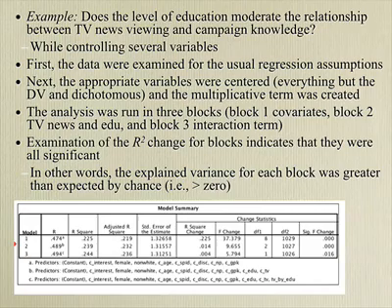So here's the motivating example. Does the level of education moderate the relationship between TV news viewing and campaign knowledge? So education is the z variable. The X variable is TV news viewing.